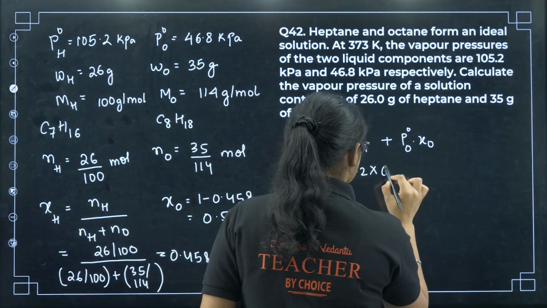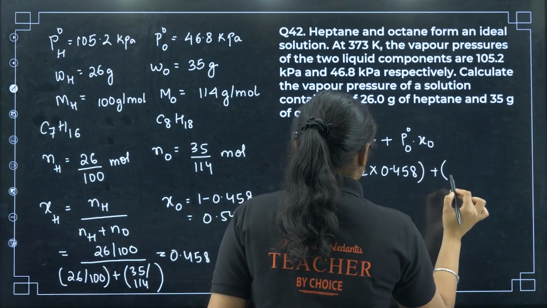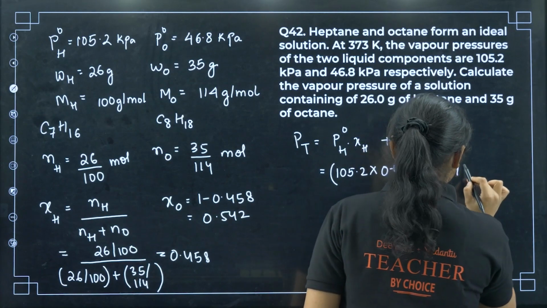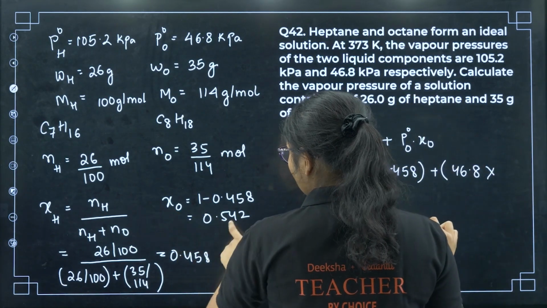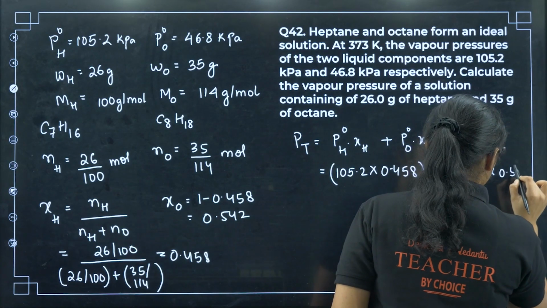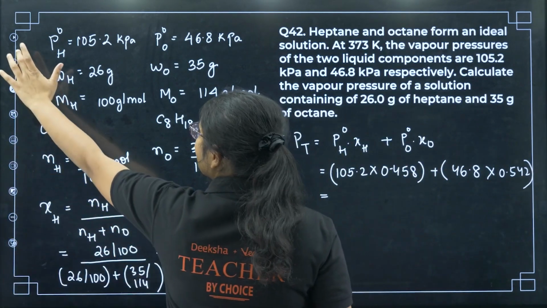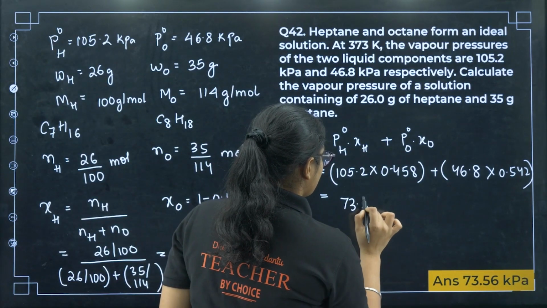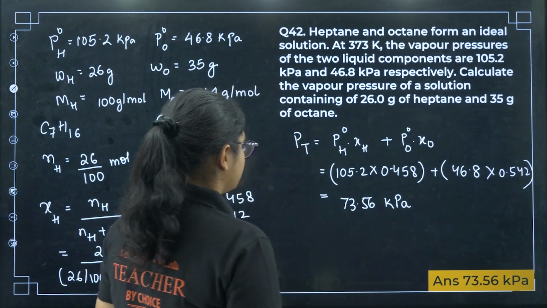That is 0.458. Okay, now plus P naught of octane is 46.8, and the mole fraction of octane is 0.542. Now if I solve this, how much we will get is around 73.56 kilopascal.